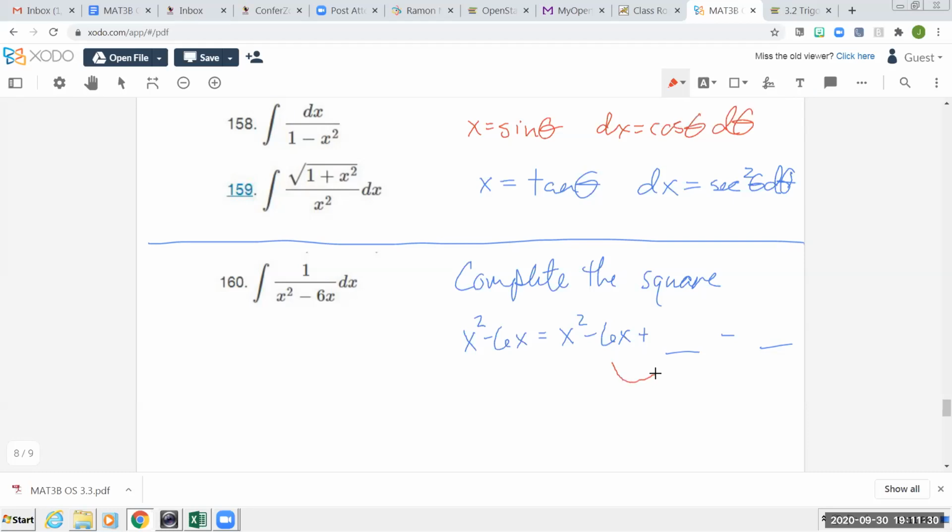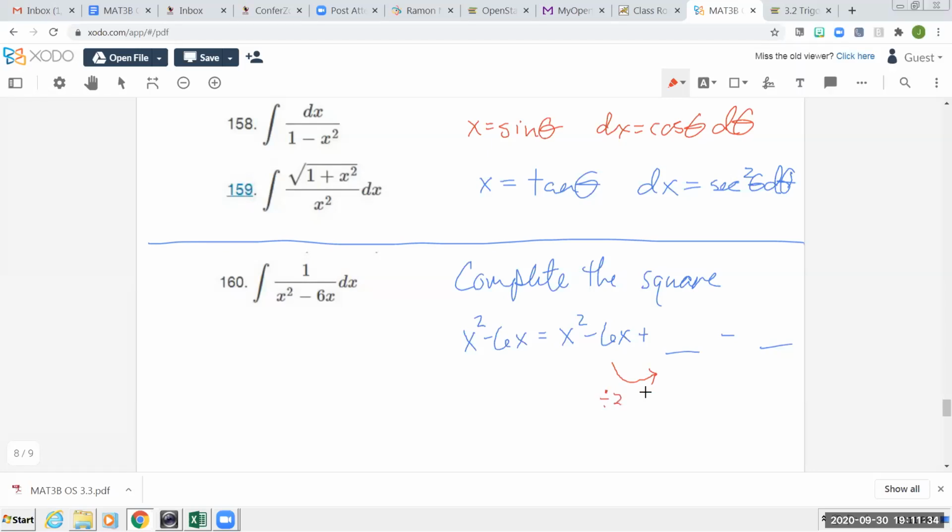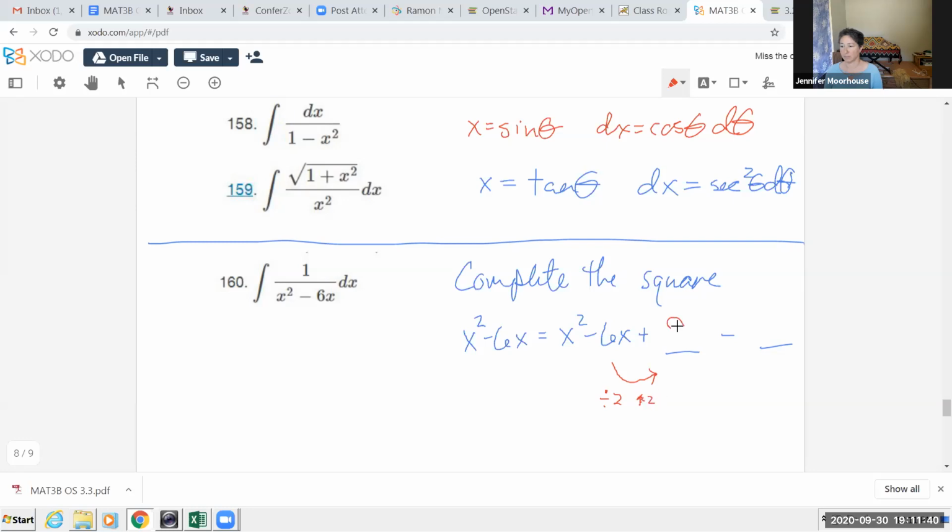So divide by 2: 3. Wait, 9 after squaring. Yep. So x squared minus 6x plus 9 is a perfect square. We can't add in 9 to the problem without changing it, so we add a 9 and we subtract a 9.